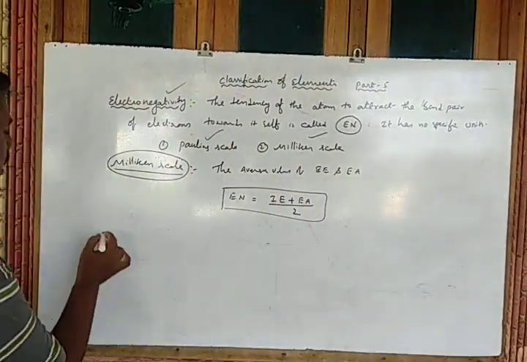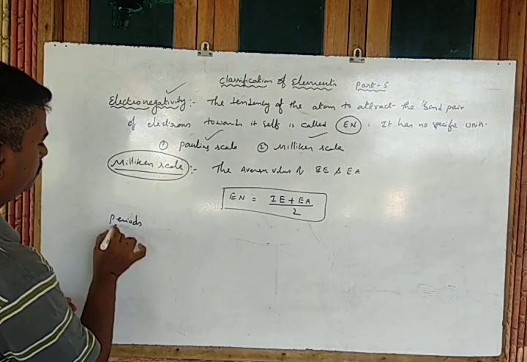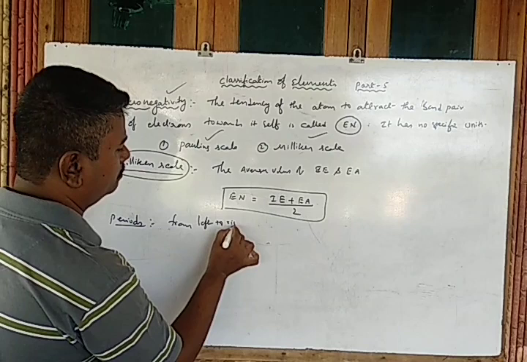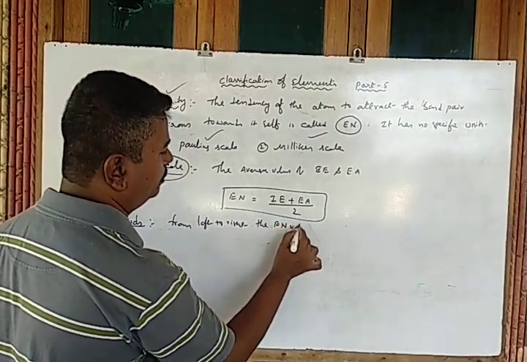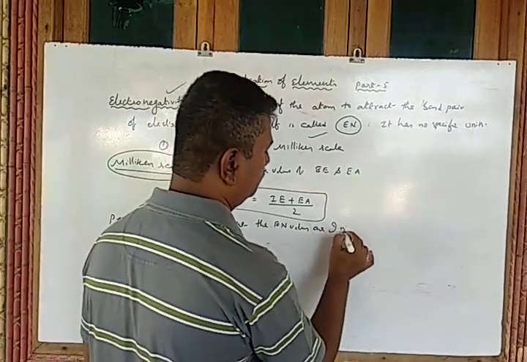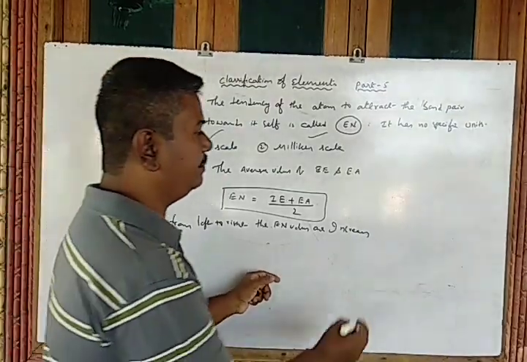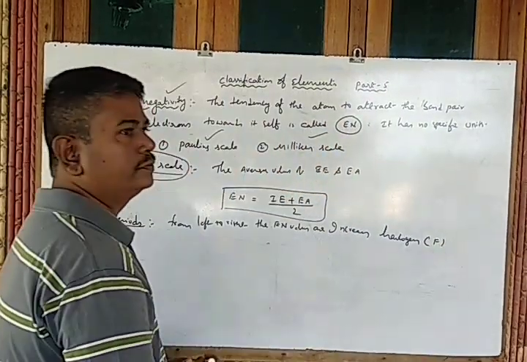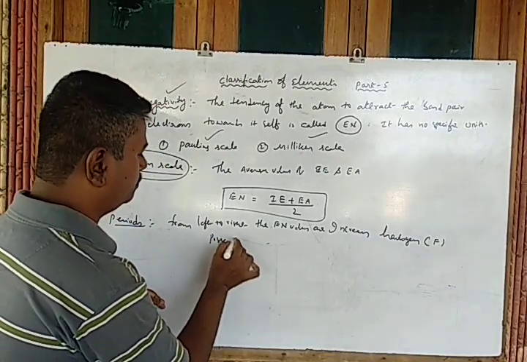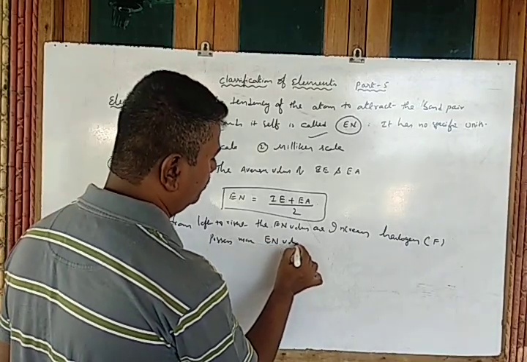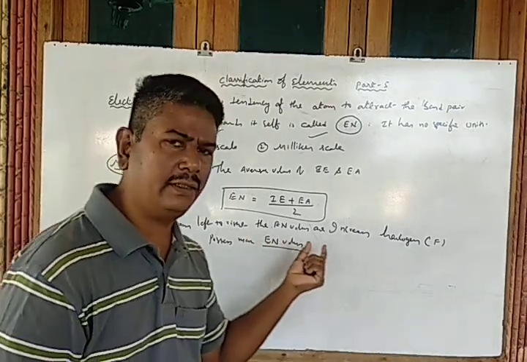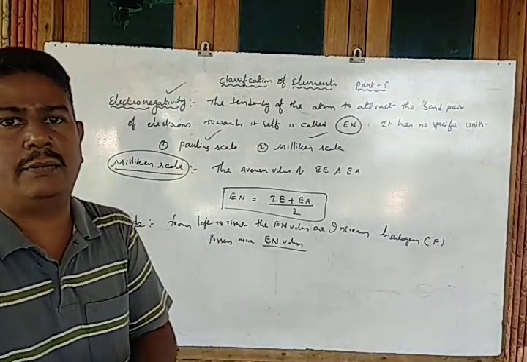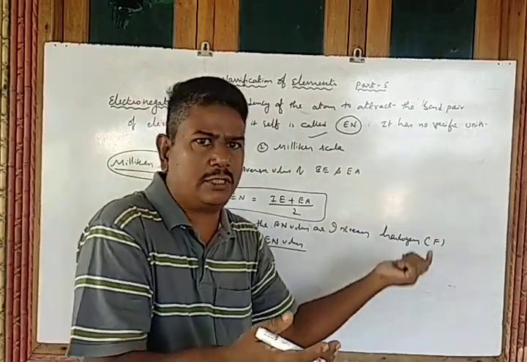That will be discussed. So in periods, from left to right, the electronegativity values increase. So that's why halogens, especially fluorine, possess more electronegativity values. Clear? While moving from left to right, the atomic radius decreases, the force of attraction increases. Whenever the force of attraction increases, the tendency to attract the electrons in bond pairs also increases. So that's why halogens, especially fluorine, and the remaining elements also possess more electronegativity.